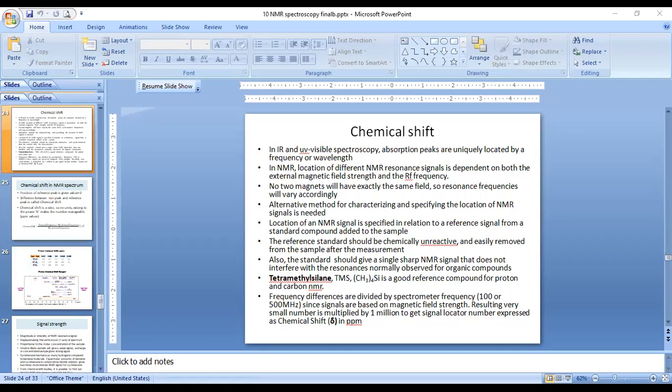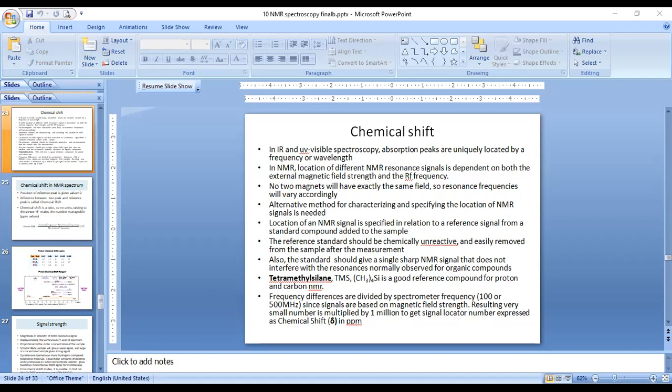I have given the formula here: the sample frequency minus the reference frequency. What is the meaning of frequency? It is the inverse of wavelength, the number of waves passing in 1 second. So what is the sample frequency?